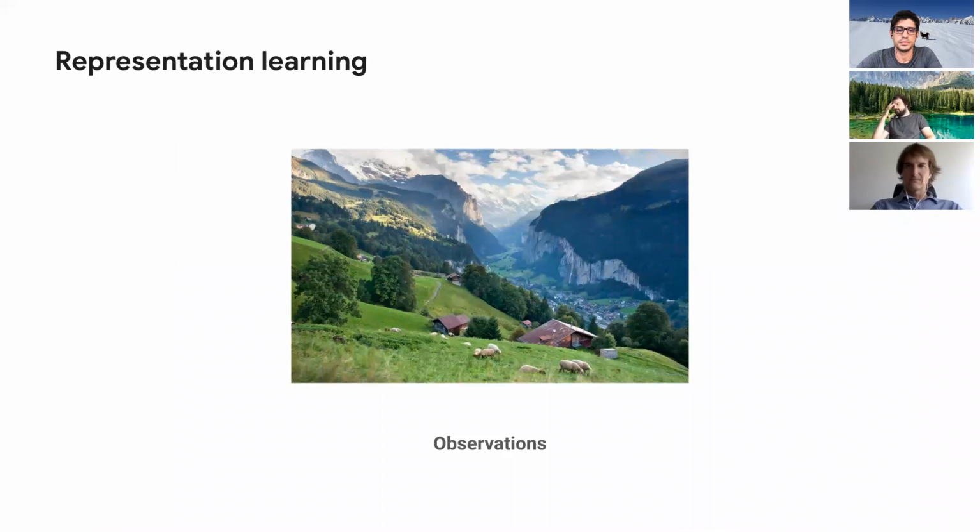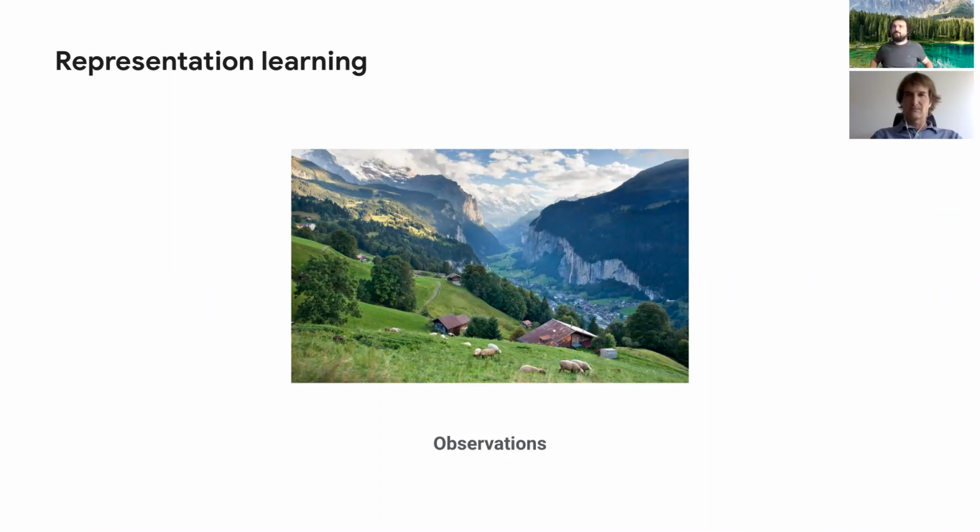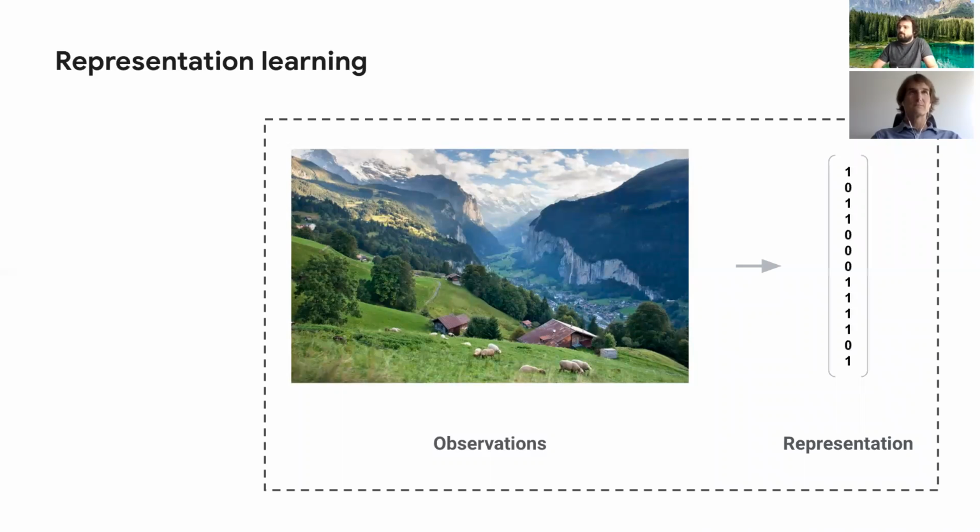So really, to start from far away, in representation learning we typically assume to have access to high-level observations, such as this very pretty picture of Switzerland. And the goal is to learn a function that maps these observations into a low-dimensional vector representation.